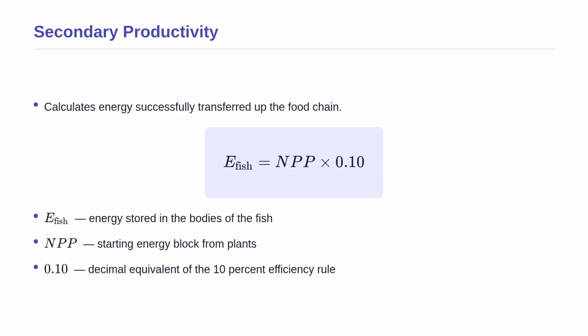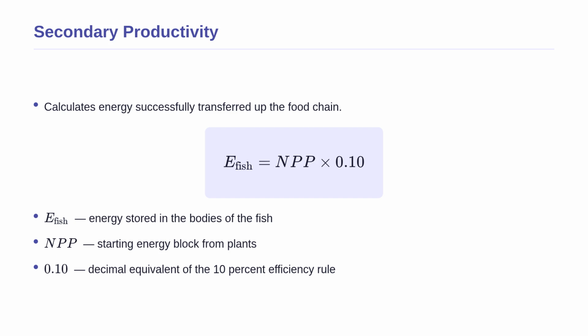This understanding of plant energy leads us to another important formula: secondary productivity. This measures how energy flows through different types of ecosystems, specifically how much energy is successfully transferred to the next level of the food chain. The formula is E-fish equals NPP multiplied by 0.10.